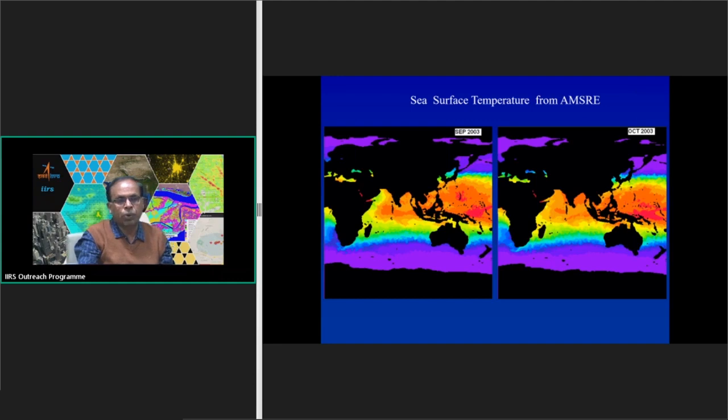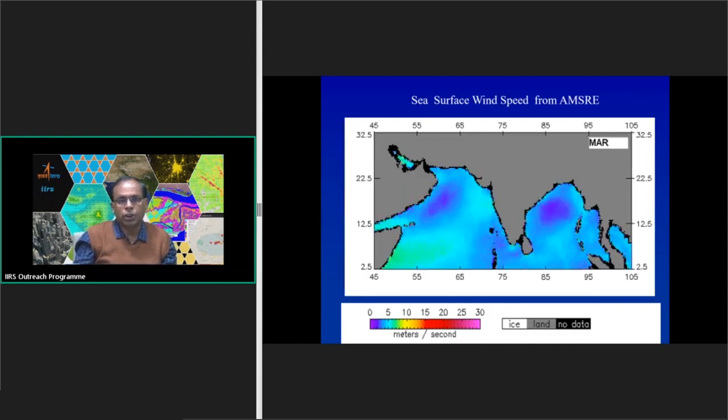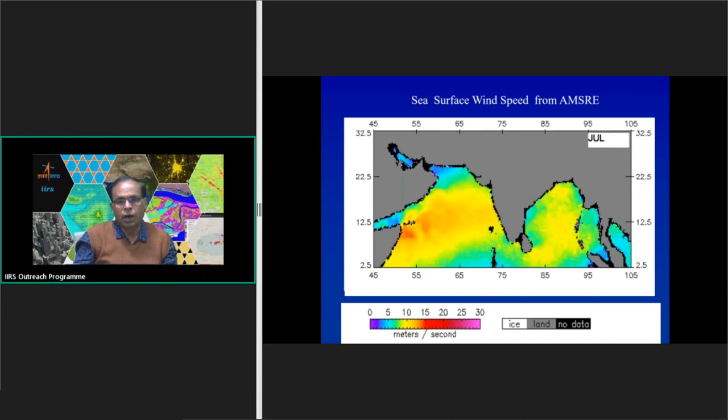But in presence of cloud, the microwave sensors will work better. So you can get the sea surface temperature in presence of cloud also. So this is the sea surface wind speed from AMSR-E data.